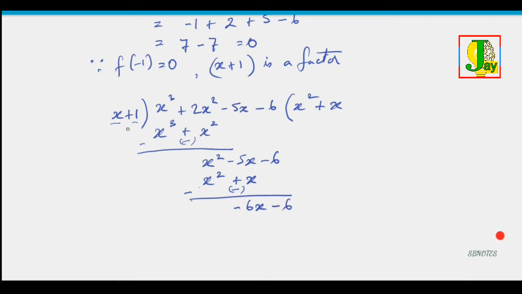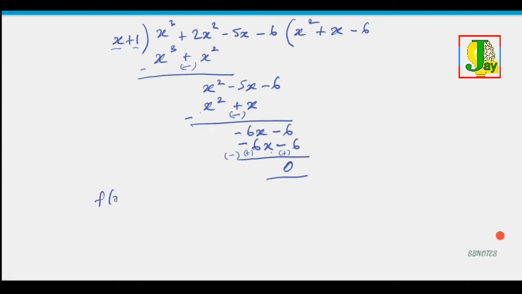Now again x into minus 6 is minus 6x, so we multiply with minus 6, we get minus 6x, plus 1 into minus 6, we get minus 6, and when we subtract, this becomes plus, this becomes plus, and hence the remainder is 0.